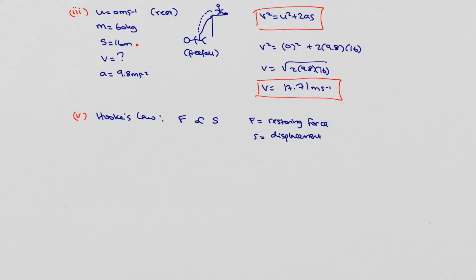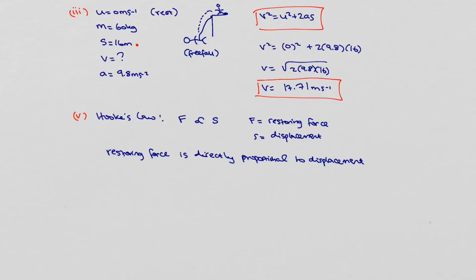So again, if you're using formulas or anything like that, you should always state the notation, okay? Or in words, we would say the restoring force is directly proportional to the displacement and in the opposite direction, okay?